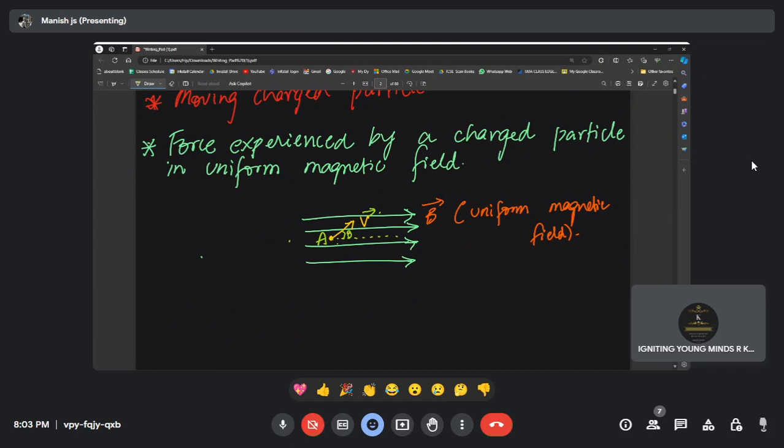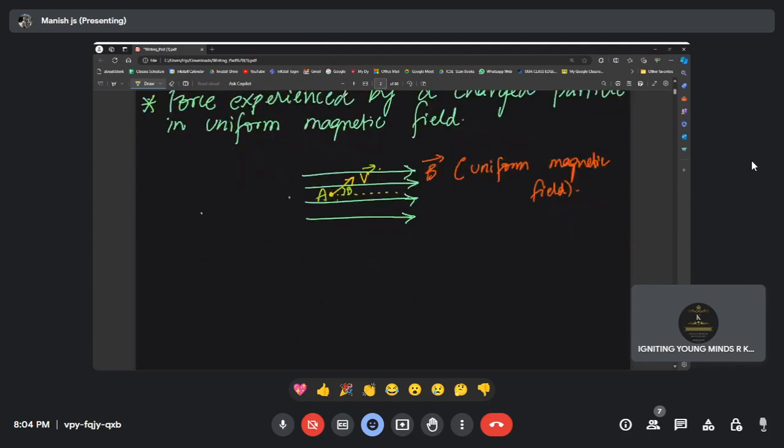The particle is carrying some charge and it is moving in the uniform magnetic field. You know that force is also a vector, so we represent it using the notation F bar is equal to Q V B sine theta. Q is charge, V is the velocity, B is magnetic field.